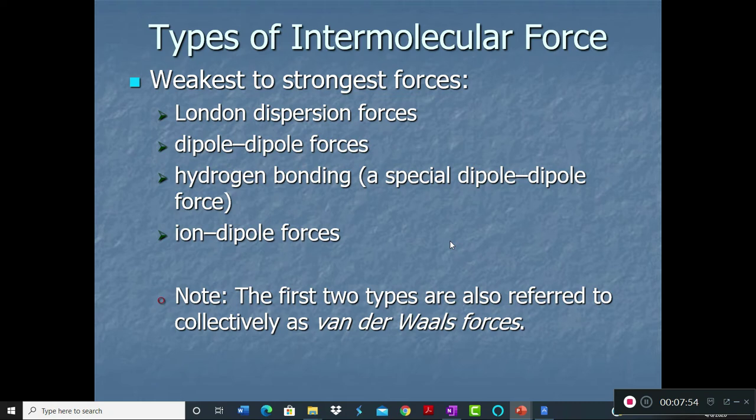So there are four major types of intermolecular forces. There's London dispersion, there's dipole-dipole, there's hydrogen bonding, which is essentially a super dipole, and then there's ion-dipole. Now, to make this as generic as possible, there are really three types of substances.